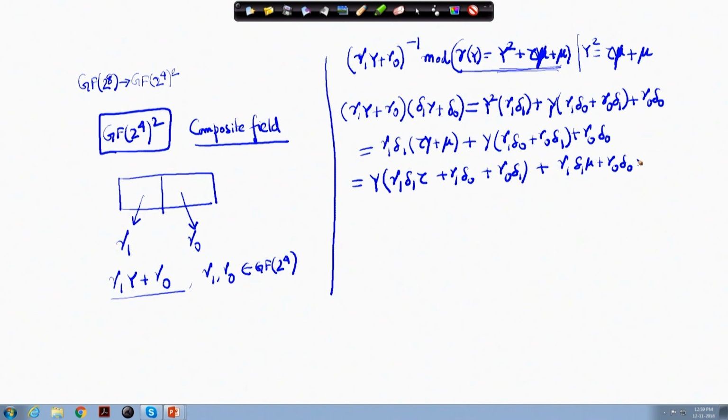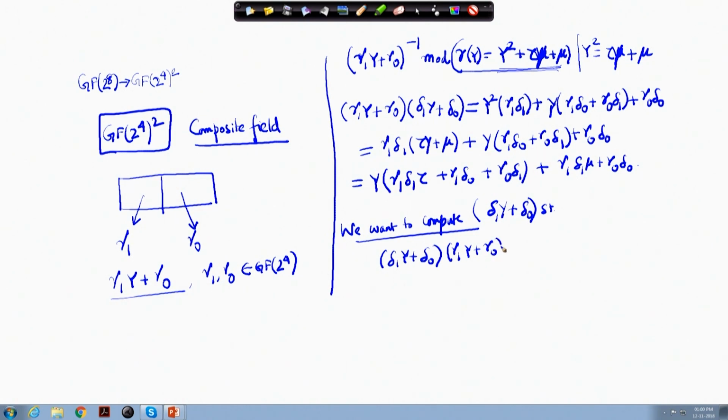Now what we want is to compute a value denoted as delta 1 y plus delta 0, such that delta 1 y plus delta 0 multiplied with gamma 1 y plus gamma 0 mod r y should give me 1.